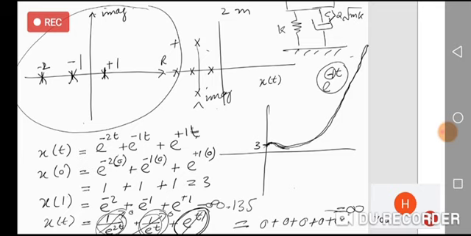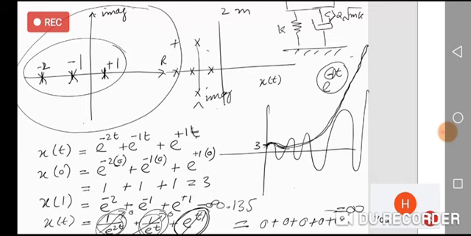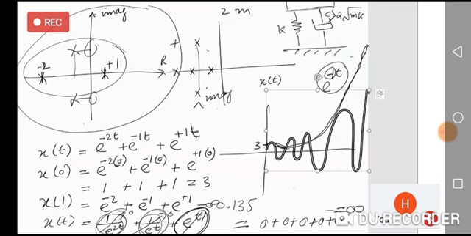Or without oscillation, it will reach infinity as time t approaches infinity. So it can be something like this, or it can be something like this, depending on the roots. If the roots have no imaginary component, the response will be this. If the roots have imaginary components, for example our previous example, now the response will be like this. In both cases, the system is still an unstable system, and its response approaches infinity as time t approaches infinity.